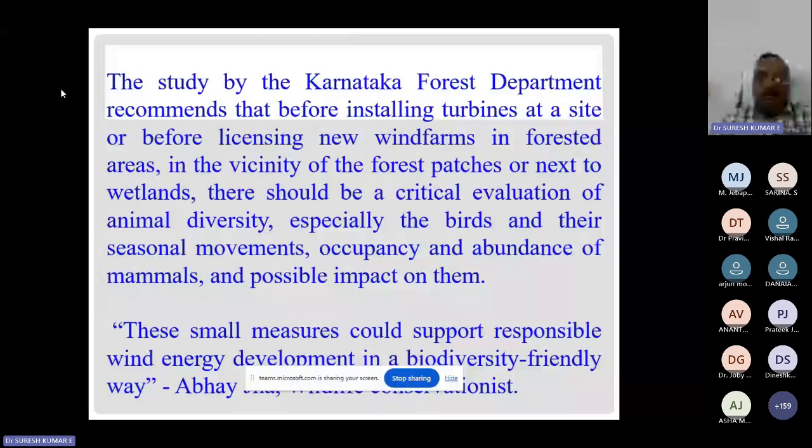These small measures could support responsible wind energy development. So the new word, responsible wind energy development, like sustainable, responsible, not simply generating wind energy, but responsible wind energy development in a biodiversity friendly way. Okay, by Abhay, scientist.